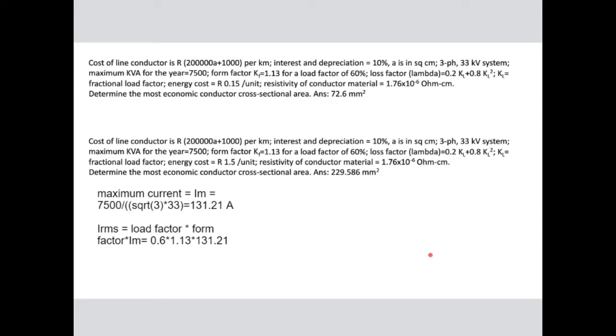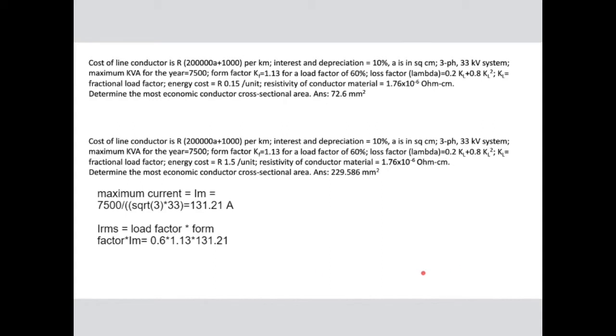This loss factor lambda will be multiplied with the time in hours, meaning 8760, later on. So this will be multiplied with the time in hours of a year, right?